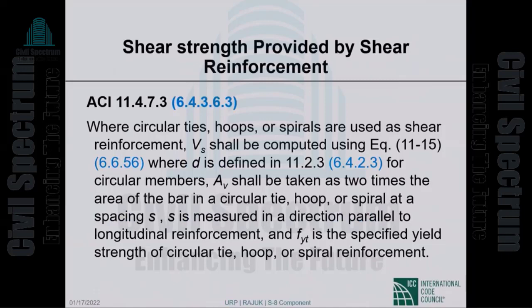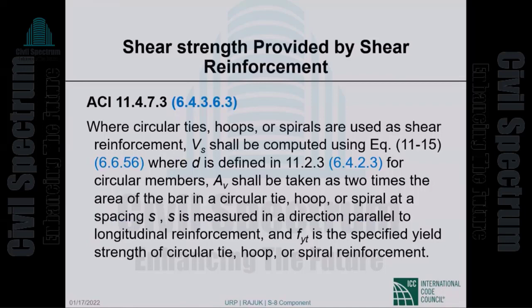Where circular ties, hoops, or spirals are used as shear reinforcement, V sub S shall be computed using the equation that I showed, where D is defined in the section for circular members. Remember, 80% of the diameter. A sub V, important. So we are talking about circular ties, hoops, or spirals.